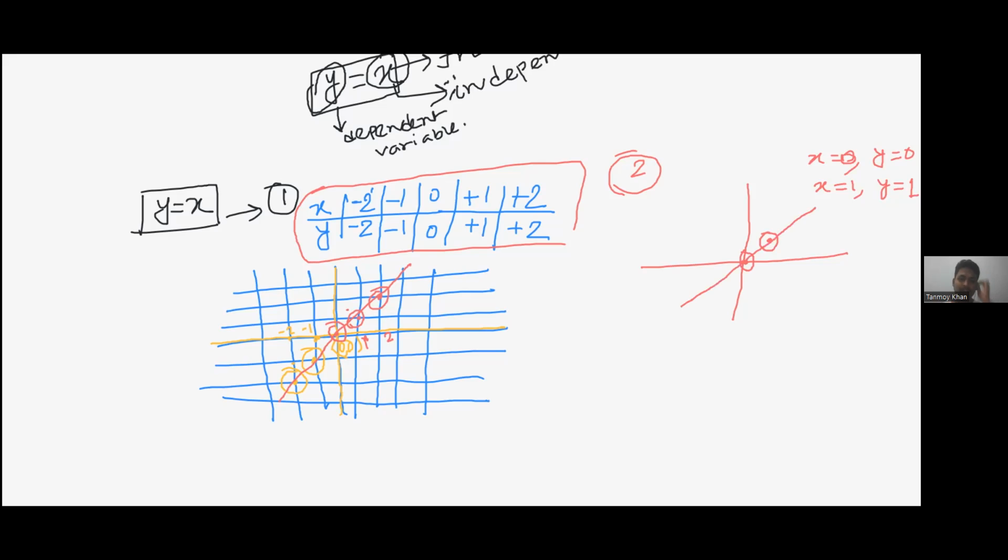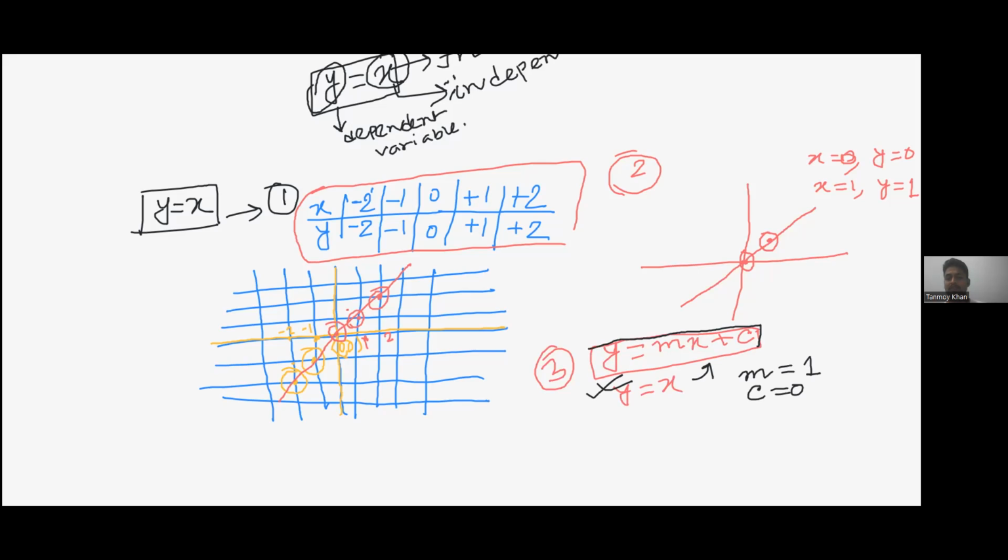But let me go to the third approach. Let's say you already know that y equals mx plus c is the equation for a straight line. You just try to fit this equation into this. That means m equals 1 and c equals 0. If it is the case, then obviously this is just a form of this equation.